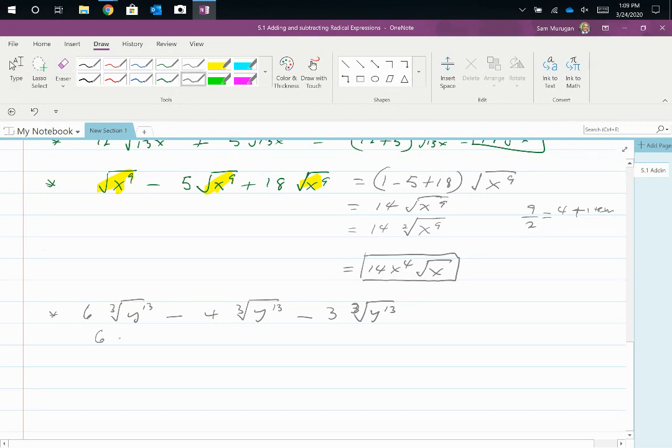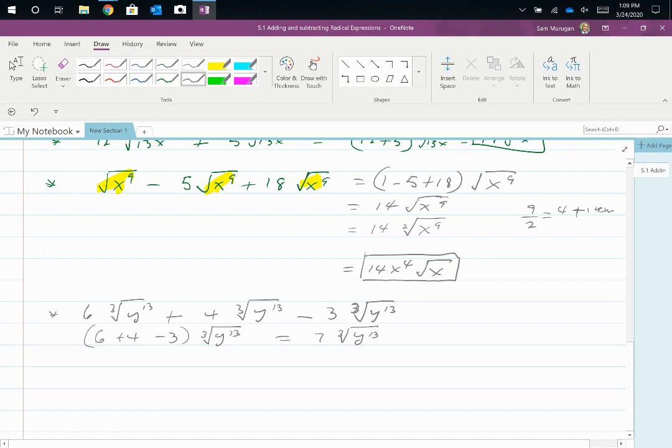So this is 6 plus 4 minus 3, cube root of y to the 13 power. Sorry, this is plus 4, not minus 4. So 6 and 4, 10 minus 3, this is 7 cube root of y to the 13 power.